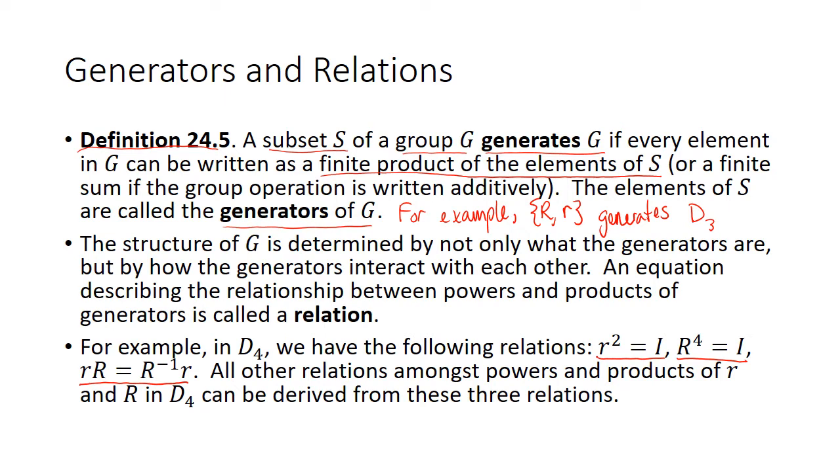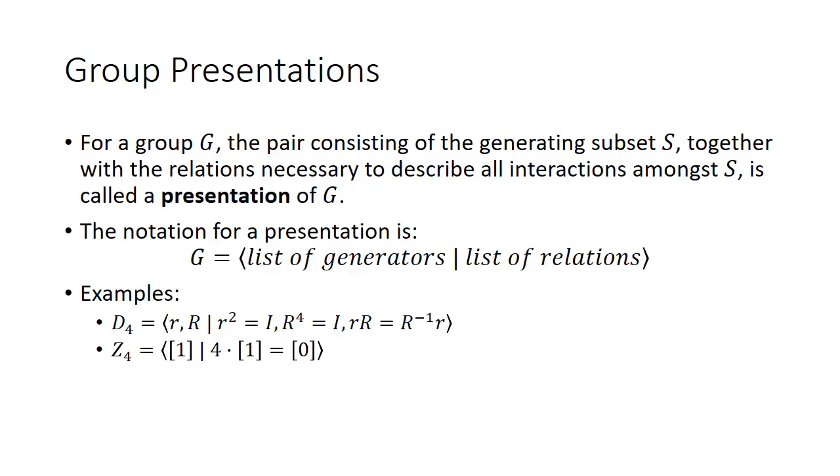So that leads us to the next definition. So group presentations. For a group G, the pair consisting of the generating subset S together with the relations necessary to describe all interactions among S is called a presentation of G. So for the notation of the presentation, you use these little angle brackets, and then you put a list of the generators, and then you put this vertical line standing for such that, and then you put a list of the relations.